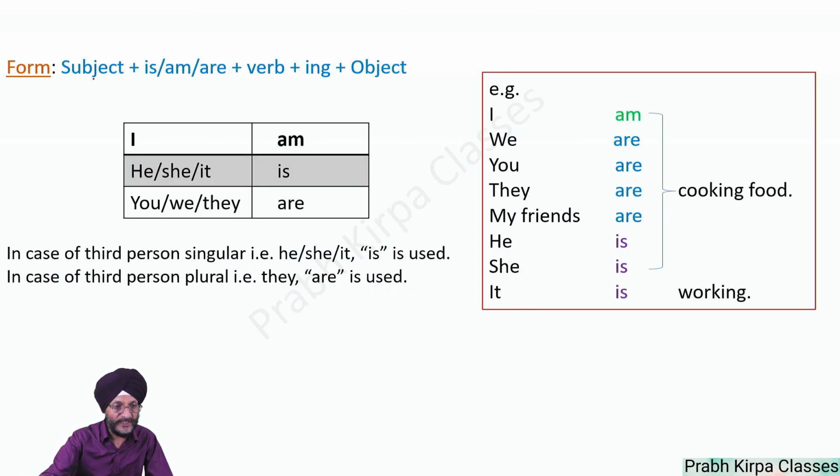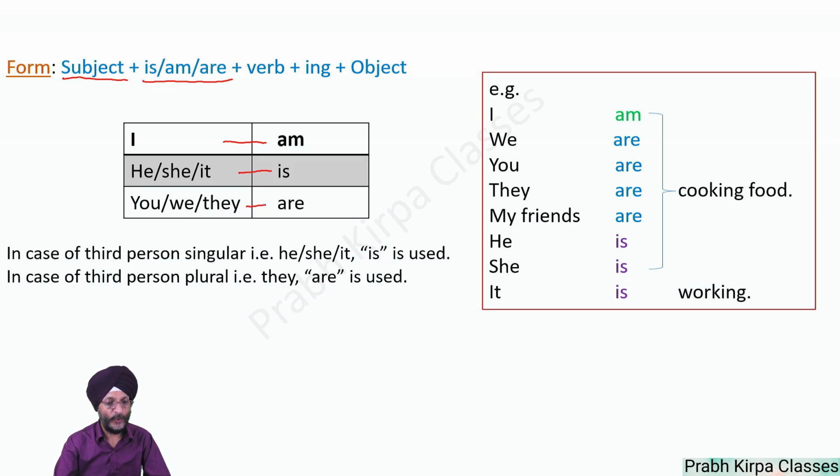Form. How is this sentence formed? In this case, first comes the subject, then we use is, am, or are as per the subject. For example, if the subject is I, we will use am. In the case of third person singular, we will use is.